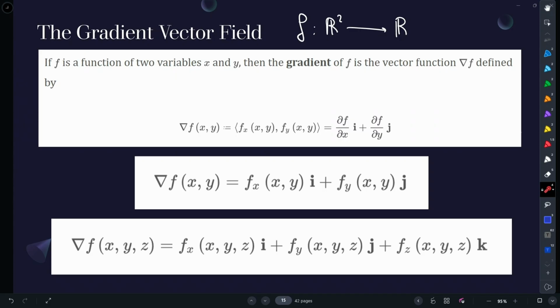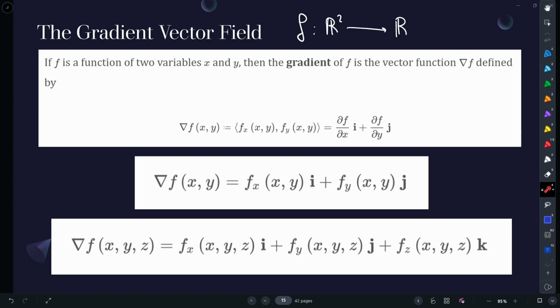And remember, we'll come back to this, that direction was critical in finding maxima and minima, because when we found directional derivatives, the gradient was the direction of maximum growth, okay? So if the gradient is the direction of maximum growth, and the maximum rate of change is the length of that vector, then minus the gradient is the direction of maximum decrease.